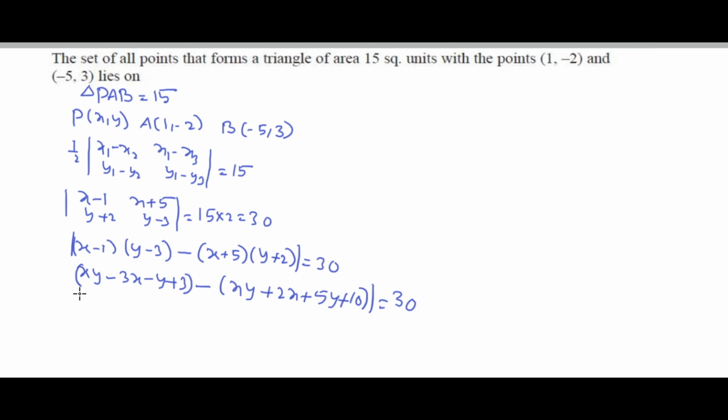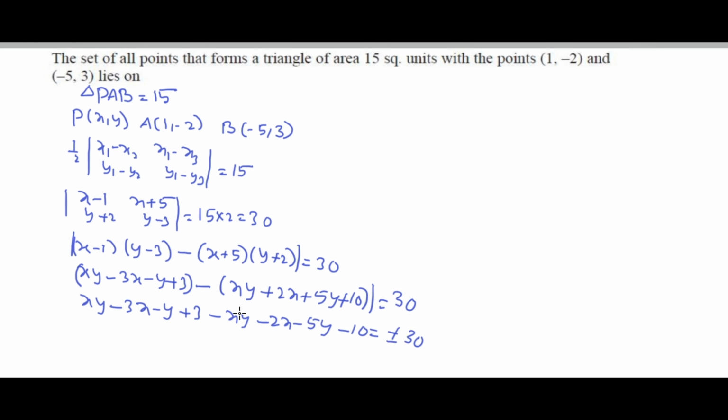So that is equal to xy minus 3x minus y plus 3 minus xy minus 2x minus 5y minus 10 is equal to plus or minus 30.